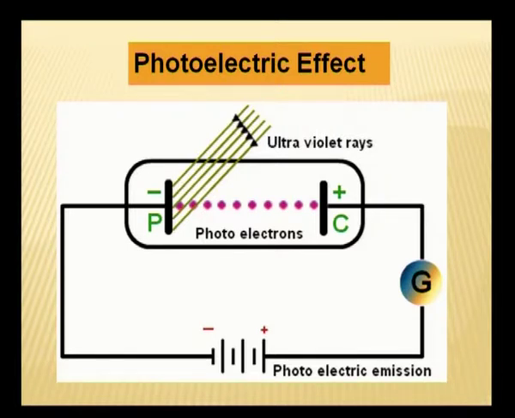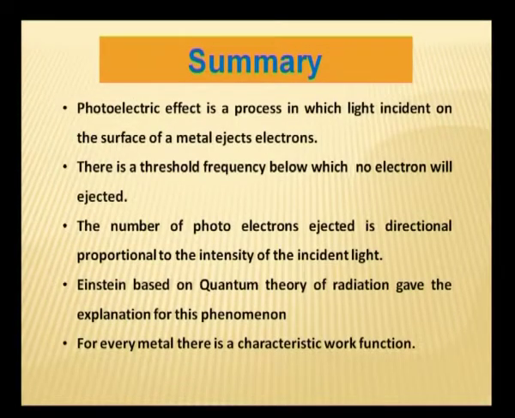Now, let me summarize the essential points I discussed in this lecture. The photoelectric effect is a process in which light incident on the surface of a metal plate ejects electrons. There is a threshold frequency below which no electron will be ejected.